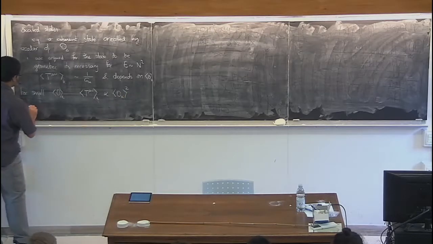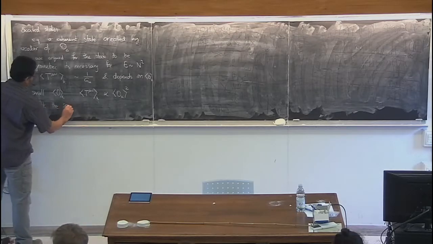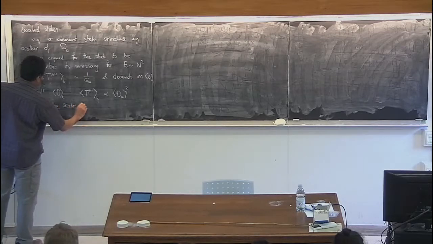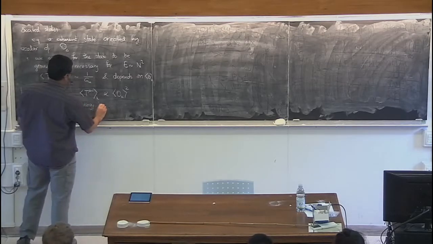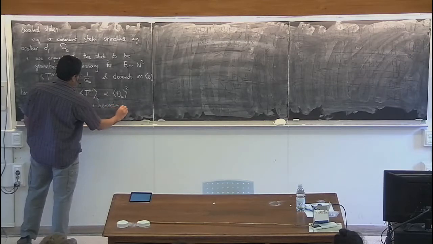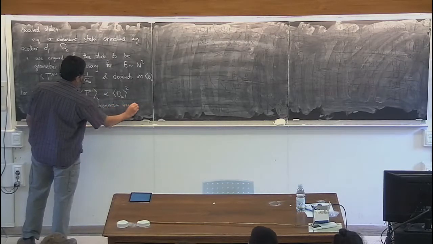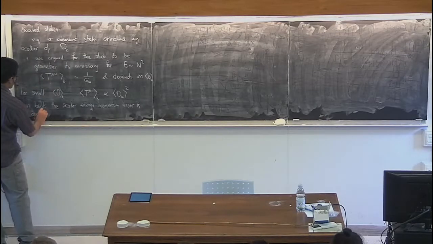And that's because in the bulk, the scalar energy momentum tensor is quadratic in the field phi. Right?